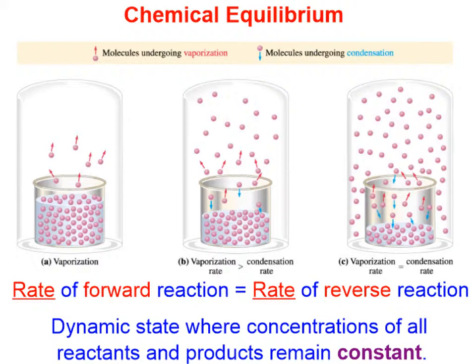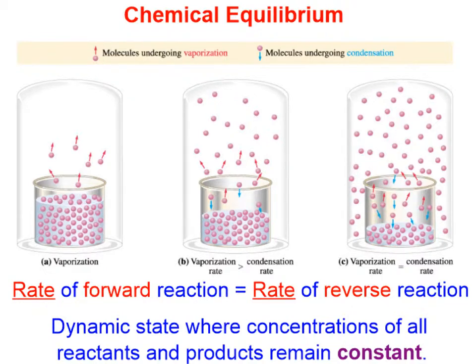It does not mean that the volume or amount of liquid is equal to the volume or amount of gas. It means the rate that the molecules are going in this direction is equal to the rate that they are being converted back in this direction. That is really the important key behind chemical equilibrium.